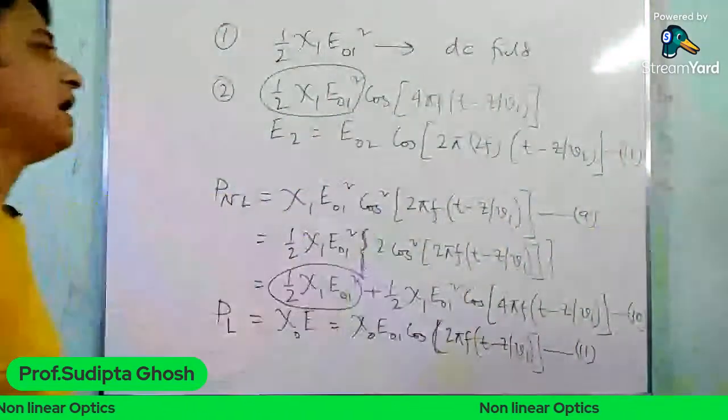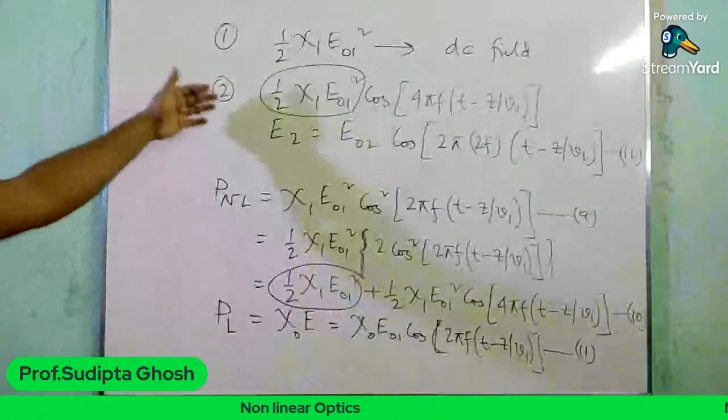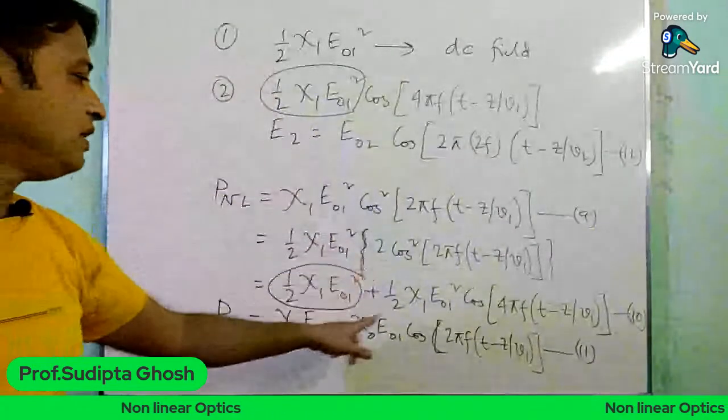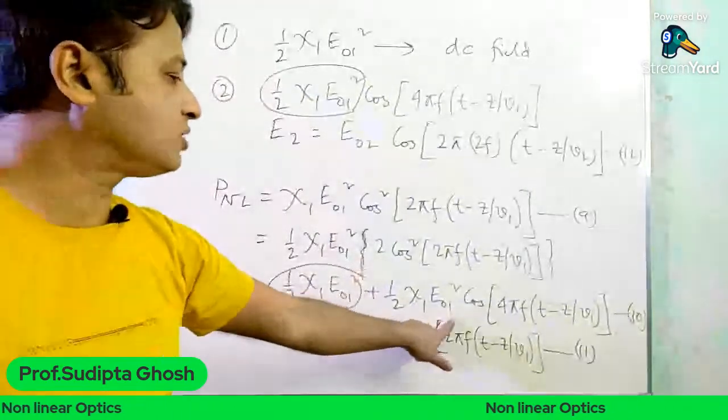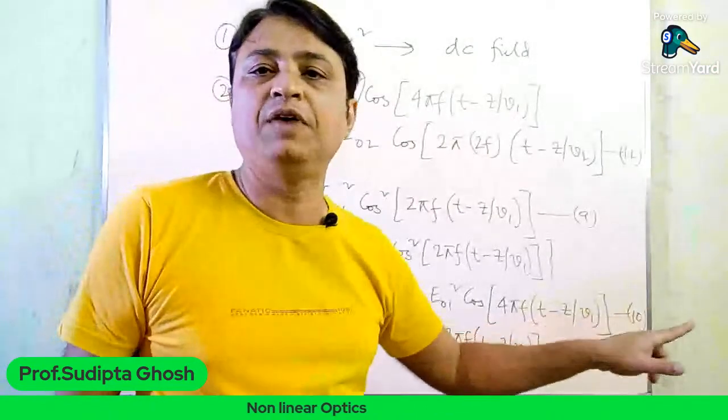So just focus on this second term, half chi1 E01 square cos 4 pi f t minus z by v1.